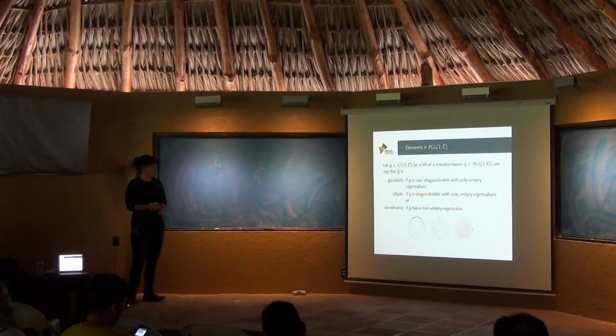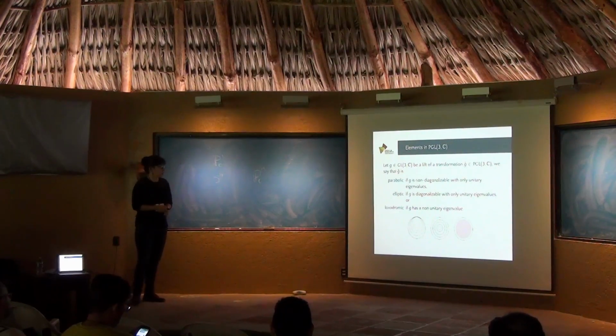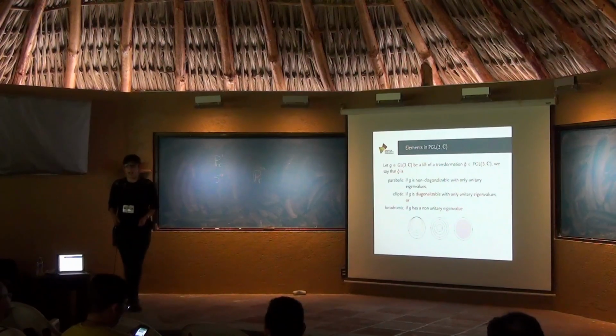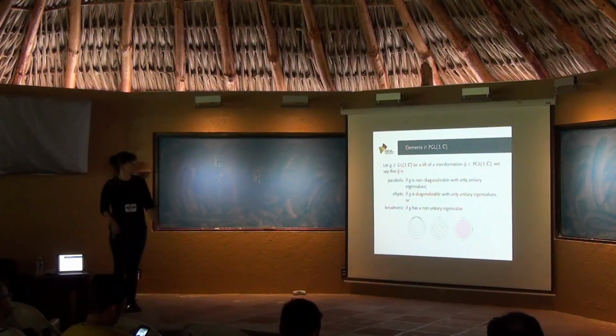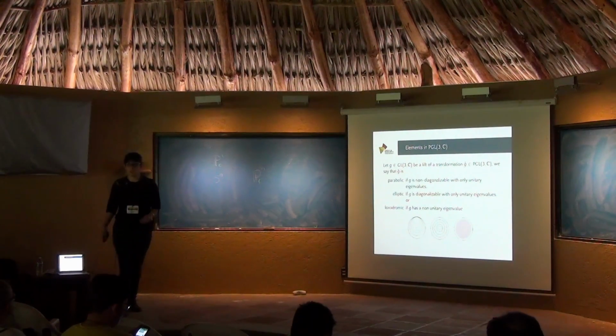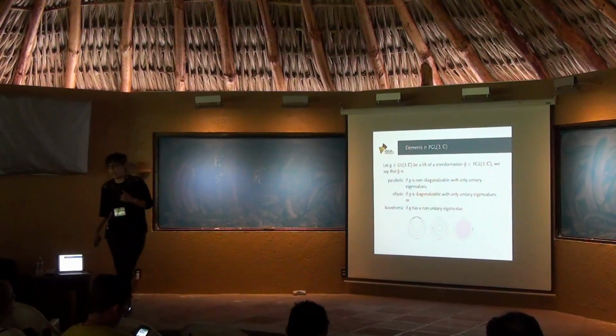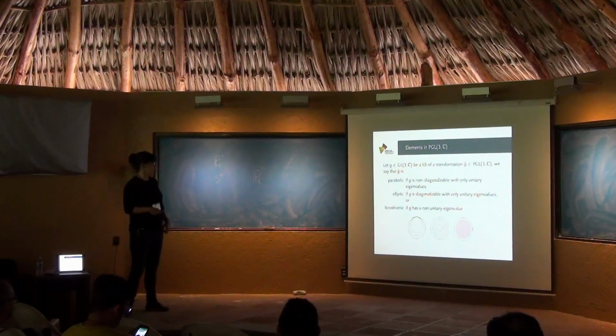We will say that it is elliptic if G is diagonalizable with only unitary eigenvalues, or loxodromic if G has a non-unitary eigenvalue. And I made this drawing here just to remember that I wanted you to say something about the dynamics of these elements, okay?